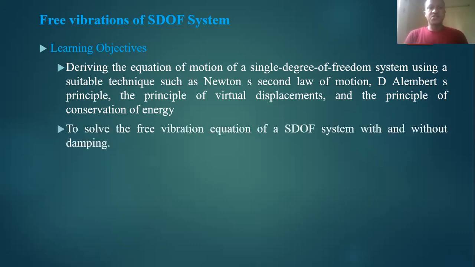The next is to solve the free vibration equations of single degree of freedom systems with and without damping. Actually, when we consider damping, that is the damped vibration case, but what we are going to see now is undamped vibration. We'll see the damped vibration case in the next lecture.